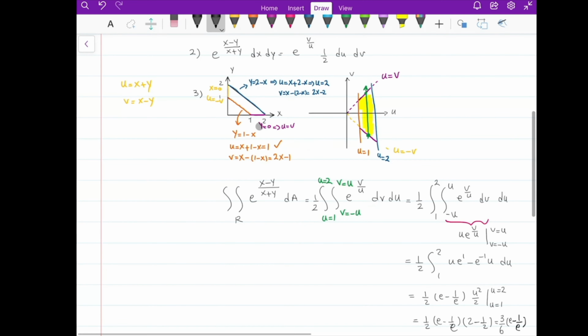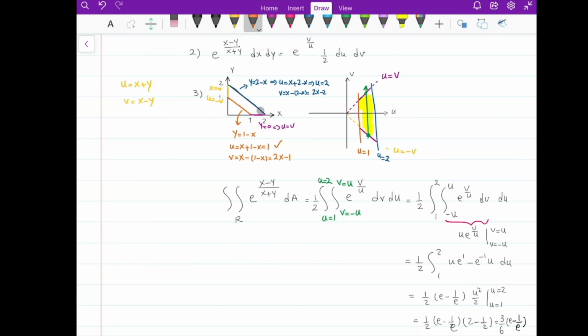One more note that I noticed I didn't mention: when you transform, for example, this line into the uv plane, I chose u equals v because for the second one, for v, I have it in terms of x, which is not helpful, and I would need to change this one in terms of u and v, which would make my life harder. So that's why I chose this one.